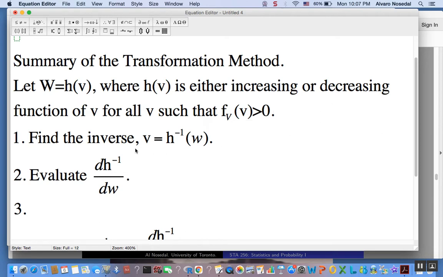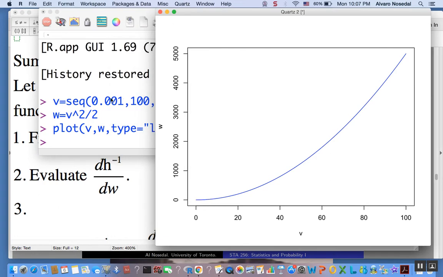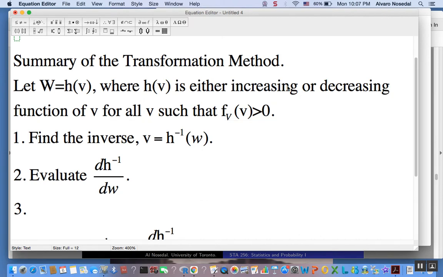Once we have checked, and in this case we already have a graphical representation of that transformation, it's increasing, right? So checked, since it's increasing, we're going to be able to find the inverse.